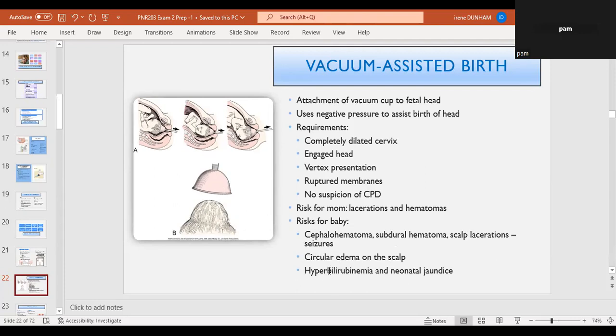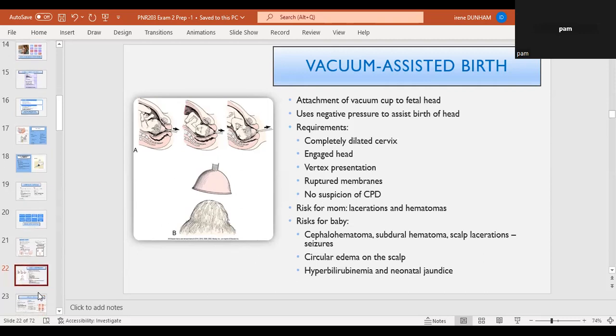And because of the hematoma, you could have hyperbilirubinemia, and that will then lead, of course, to neonatal jaundice. So it's risky, but you only do it if you can. If that baby's too big, then you don't do it.